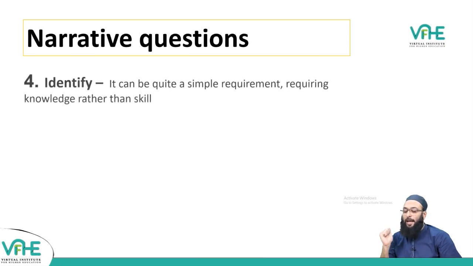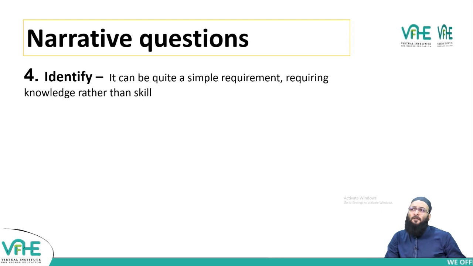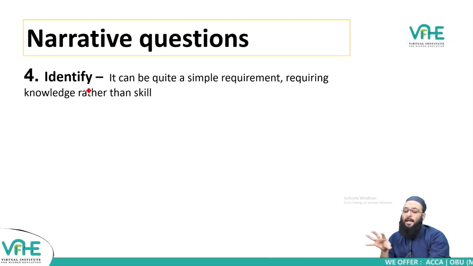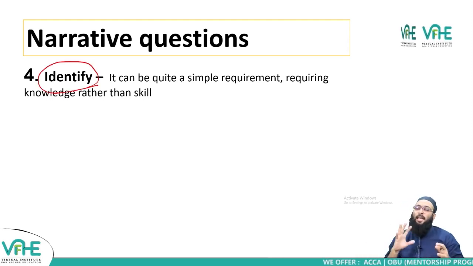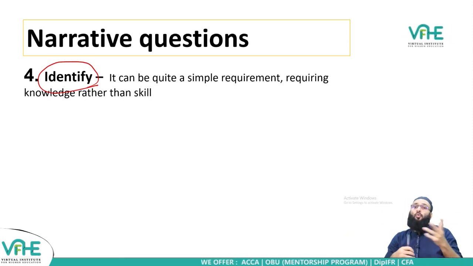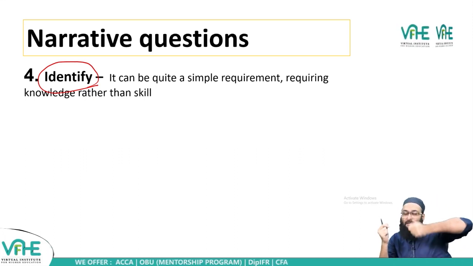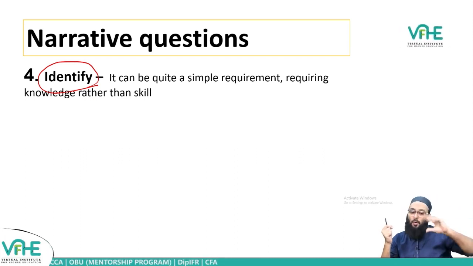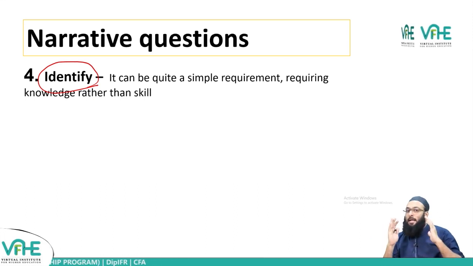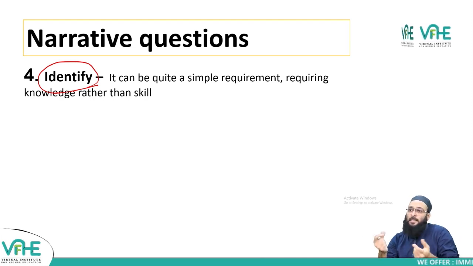Similarly, if I move ahead, then comes identify. Normally, you don't see identify coming alone. It's like identify and explain, right? So there are two verbs tested in one question, where you have to identify and explain as well. But let's be specific here about what exactly the verb identify itself means.